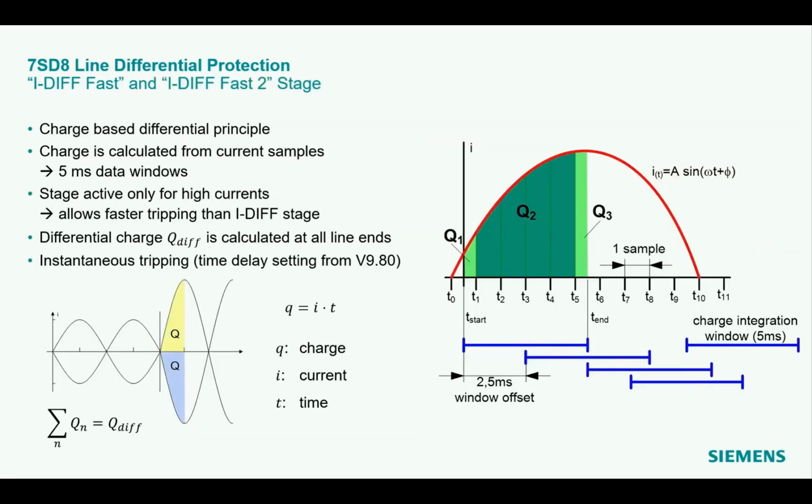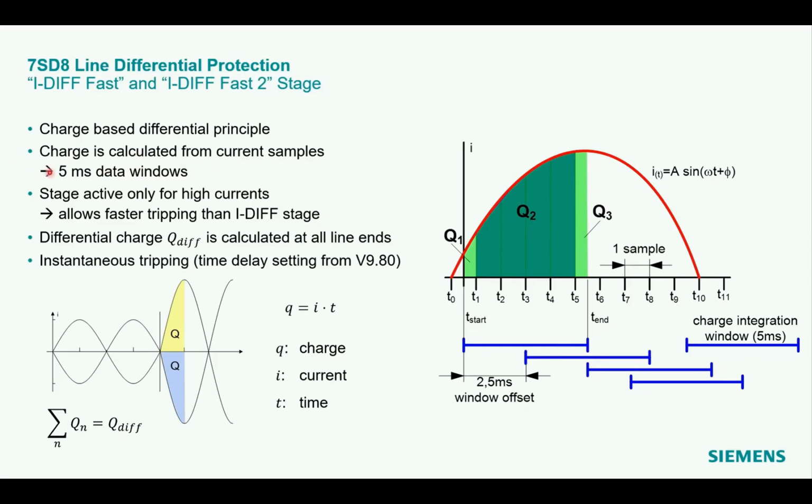As mentioned previously, a faster charge-based differential stage is available also. This is called the EDIF Fast and the EDIF Fast 2 stage. This is based on a charge principle.